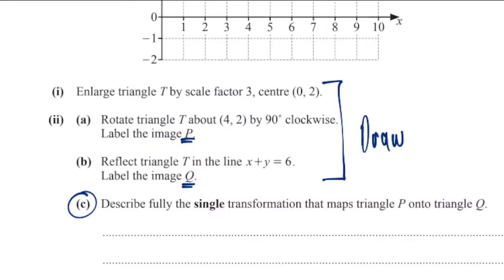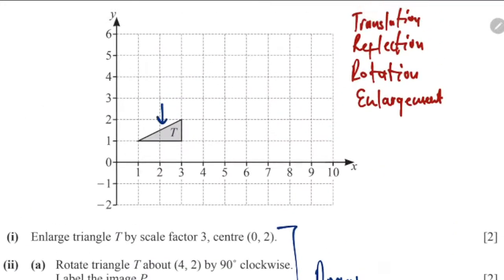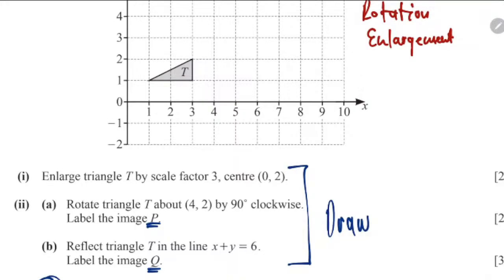If it's not a situation like this one, normally they'll say draw, then at the other one they say describe. You always start with the describe. Don't change on that one. Except if the one they want you to describe is not there. P and Q are not there. We only have T. So how do we describe? So because of this one, we will draw first. So let's do the transformations. So let's see how to do all the transformations they want.